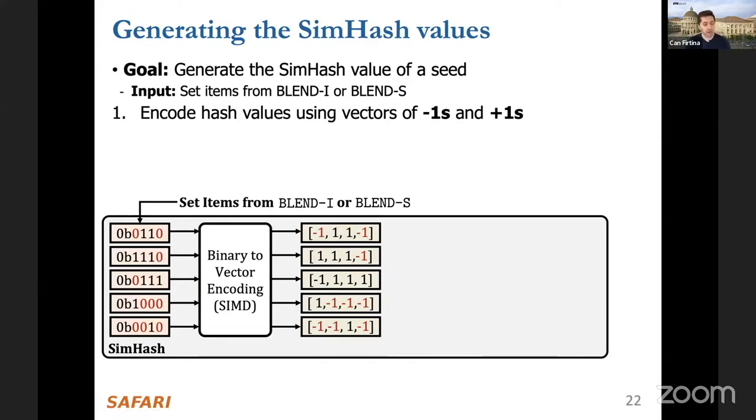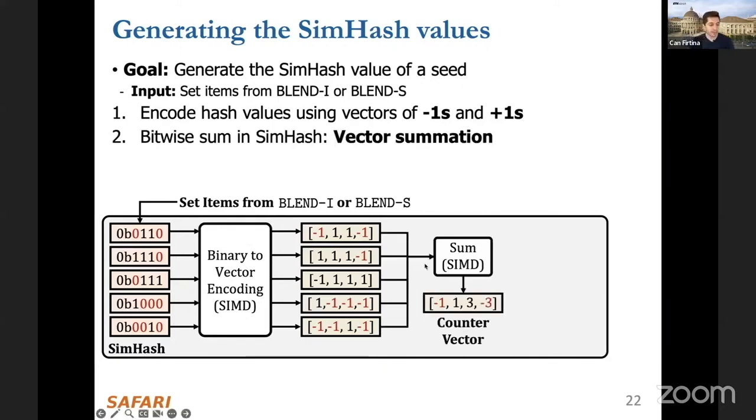Because remember, our encoding was, if we see a plus, then there are more ones. If we see a minus, there are more zeros. And in order to achieve that, we essentially just subtract 1 whenever we see 0. And then we convert this to their vector encoding because we use SIMD operations to perform the addition and summation computations efficiently. And this is what we do.